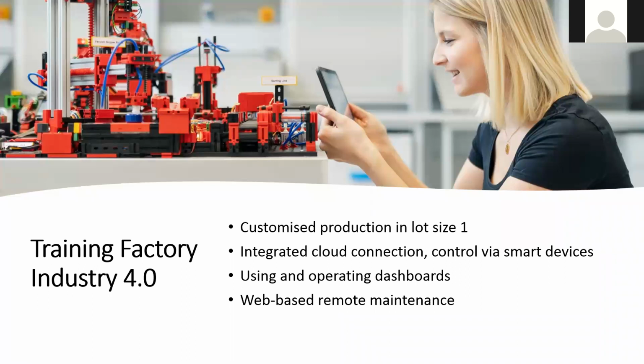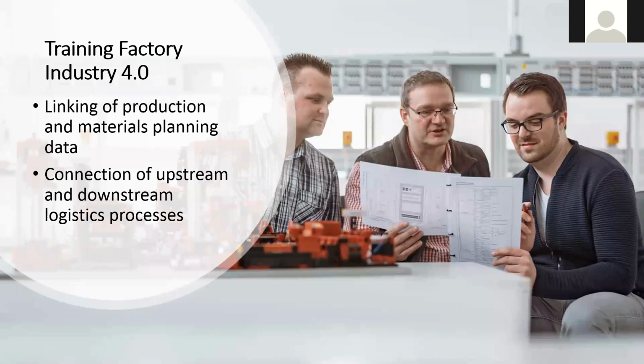It allows for customized production in lot size 1, integrated cloud control, cloud connection and control via smart devices, using and operating dashboards, and web-based remote maintenance. Also the linking of production and materials planning data, and the connection of upstream and downstream logistics processes.